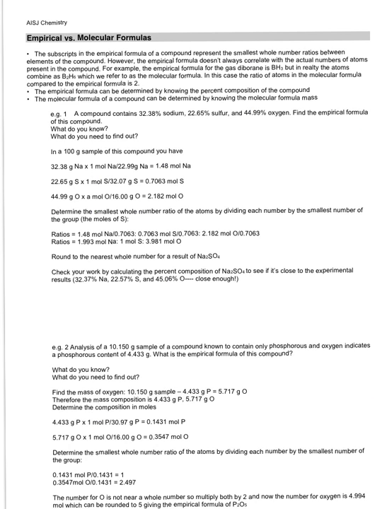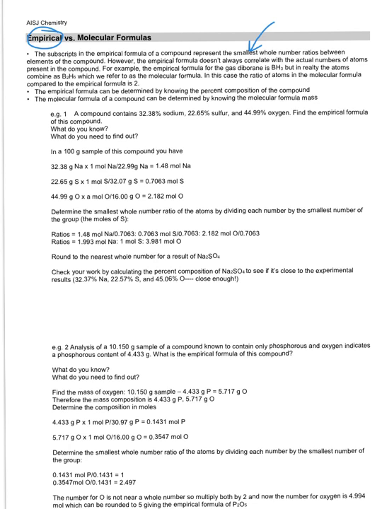The next concept that you need to wrap your head around is empirical versus molecular formulas. The subscripts in the empirical formula of a compound represent the smallest whole number ratios between the elements of the compound. However, the empirical formula doesn't always correlate with the actual numbers of atoms present in the compound.